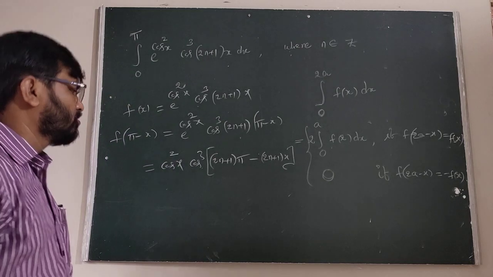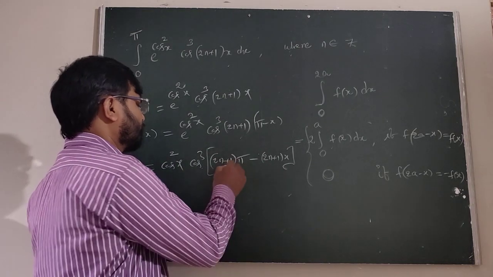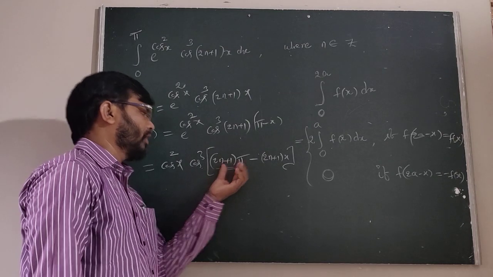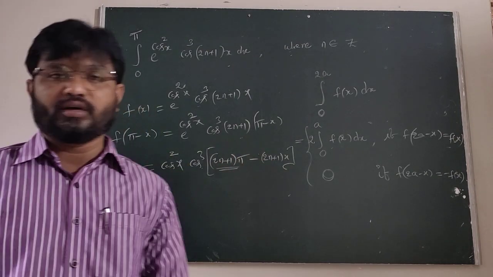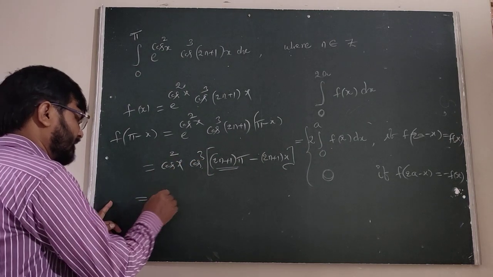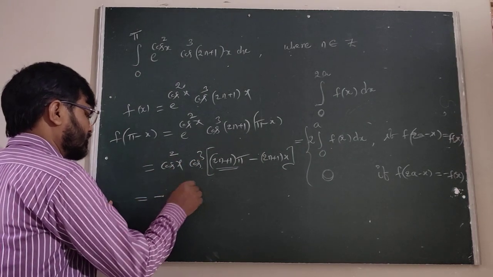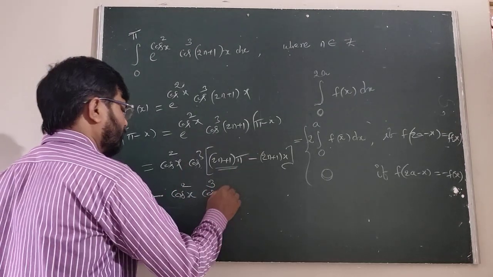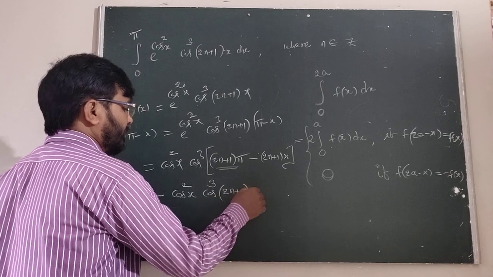In the second quadrant, cos is negative. Therefore, cos of (pi minus theta) is the minus of cos theta. Minus cube is minus. Therefore, we can write minus of cos cube of (2n plus 1) x. Is it clear?